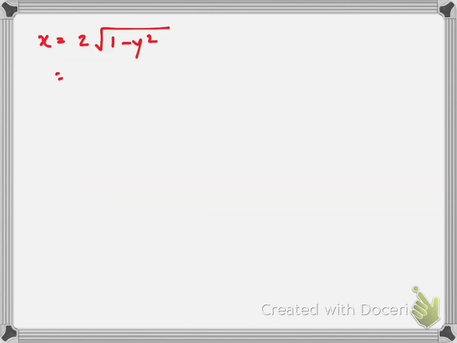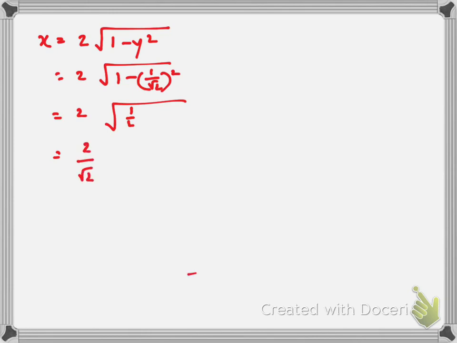And then I substitute 2 square root of 1 minus (1 over root 2) squared. So 1 over square root 2 whole thing squared would be 1 over 2. 1 minus 1 over 2 gives you half. And so that becomes 2 over root 2 if you simplify.